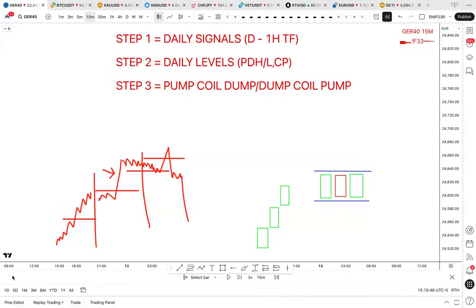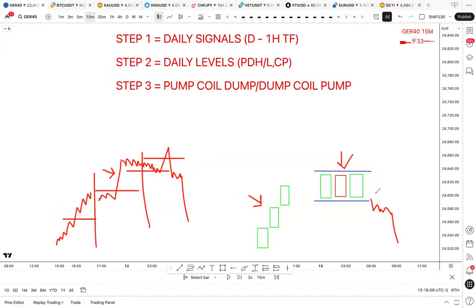So step one would be my pump. Step two will be my consolidation. I don't really care about lower lows on the inside anymore because that's what the coil is for. They're going to break structure. You're going to get that regardless.